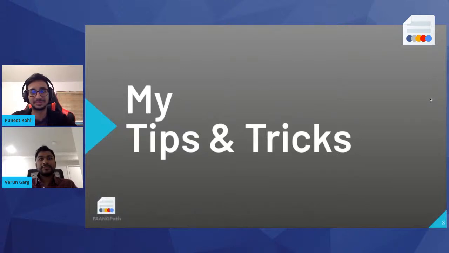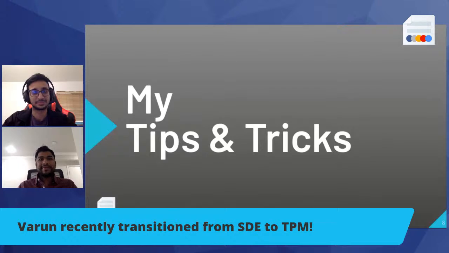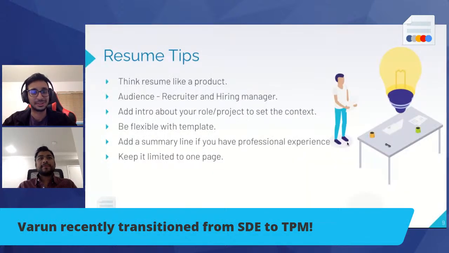Okay, so my tips and tricks. This is what I think for resume. I personally think of resume as a product itself, because that is what you're selling to the recruiters and hiring managers, and they basically need to choose your product. So have that mindset while you're working on your resume, and think backwards: who is the audience? It's recruiters and hiring managers.